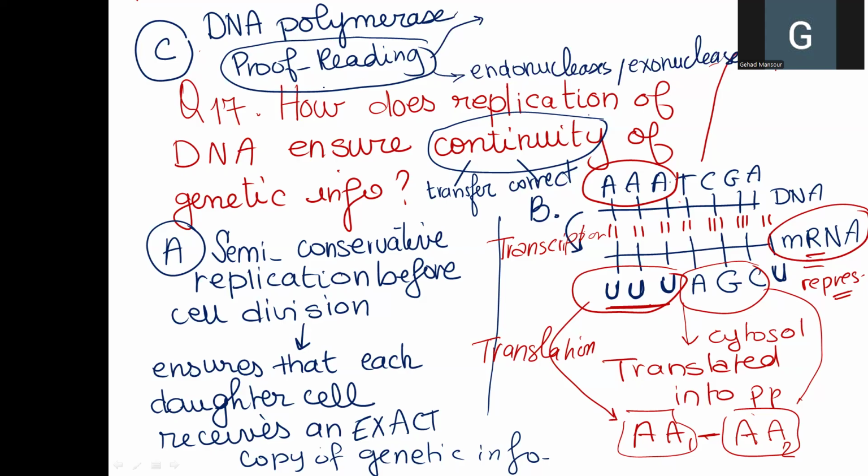This is what we call the process of excision. So proofreading requires first detection and excision, and then after that, DNA polymerase will build up the new strand of DNA in the same direction as we will see later on, which is 5' to 3'.